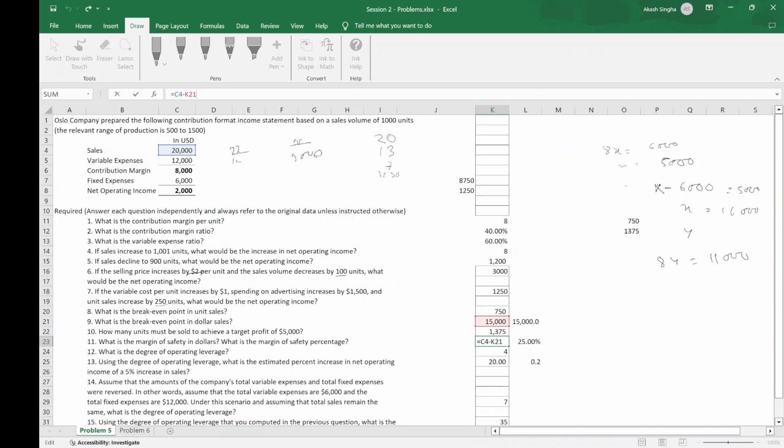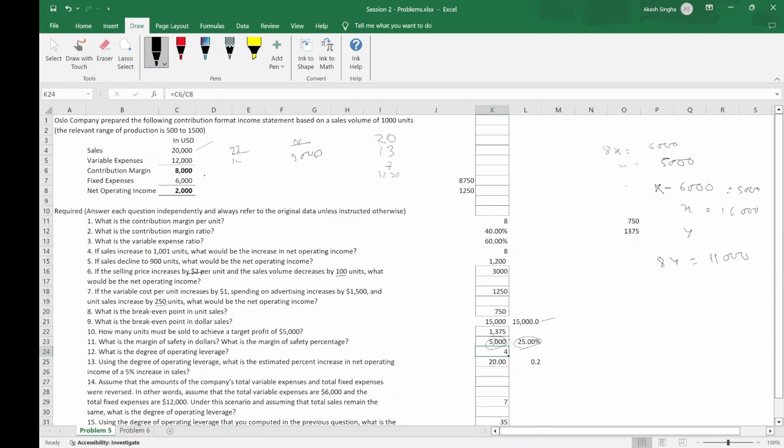K21 is break-even. From break-even, how much more are we selling? That is margin of safety. For break-even we had to sell 15,000 and we are selling 20,000. So how much more are we selling? 5,000, that is margin of safety. And what is the percentage? 5,000 by 20,000. Sales will be in the denominator.